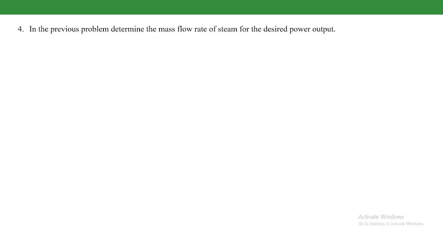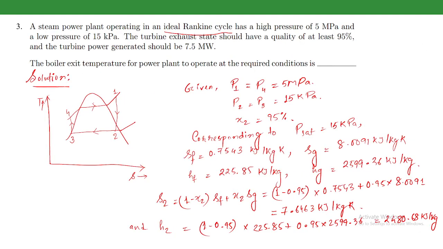Now the next part of the problem is to determine the mass flow rate of the steam for the desired power output. Now what is the power output? Turbine power output, net, is 7.5 megawatt. Now that power is equal to H1 minus H2 multiplied by the mass flow rate.